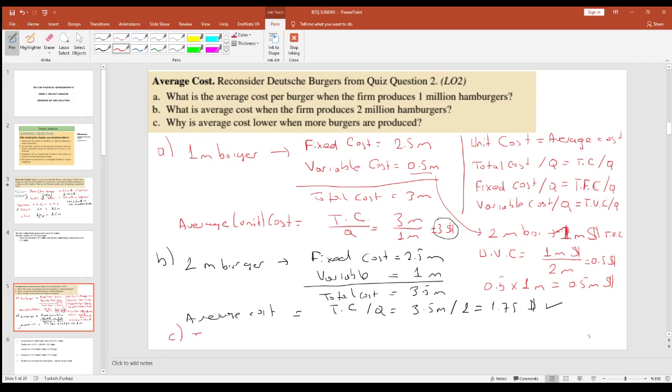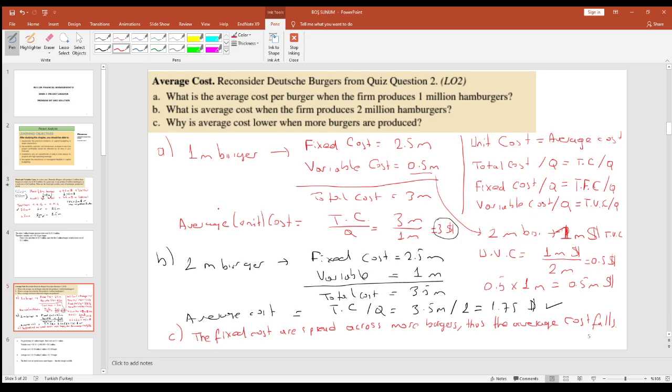The fixed cost are spread across more burgers. Thus the average or unit cost falls.